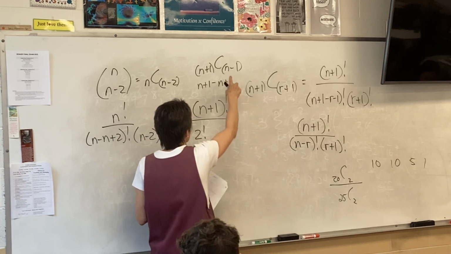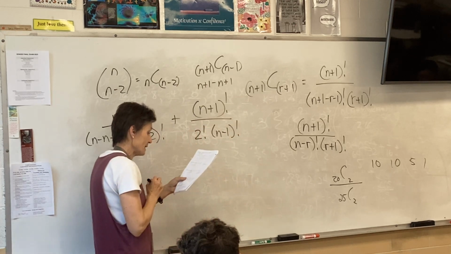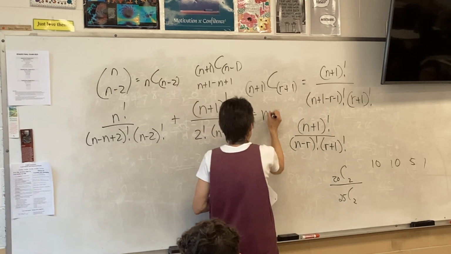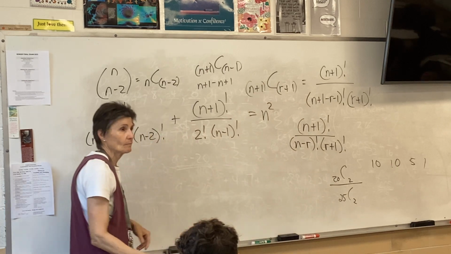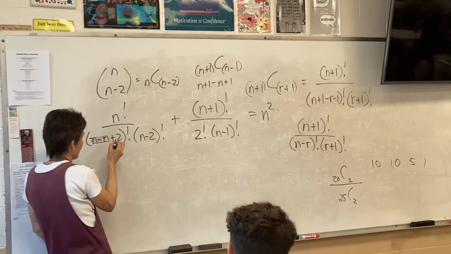And then I need n minus 1 factorial. And with any luck, it's all going to work out to be n squared. Well, this is just 2 factorial.